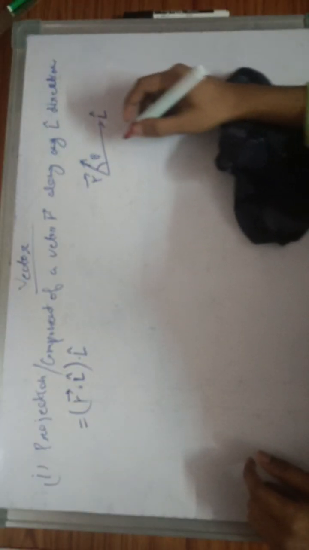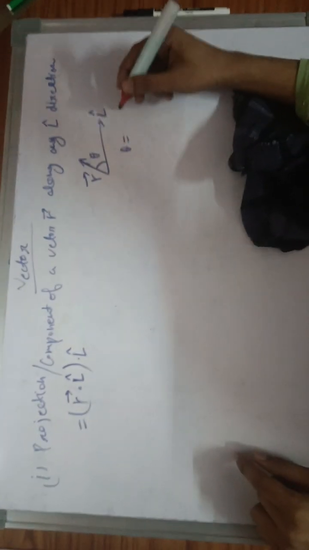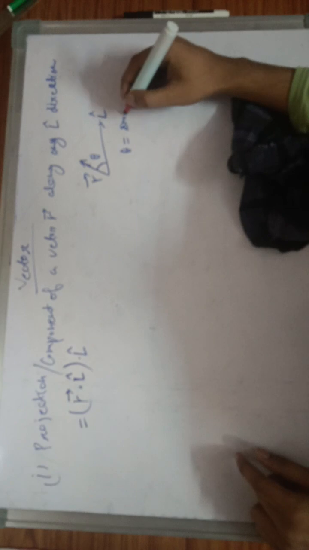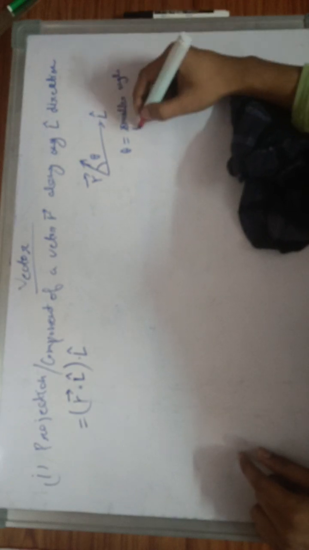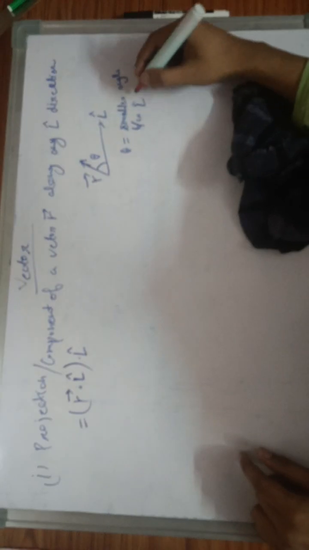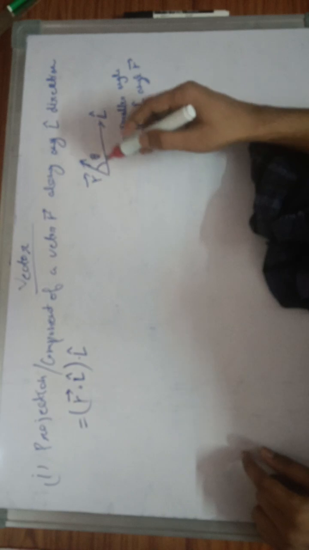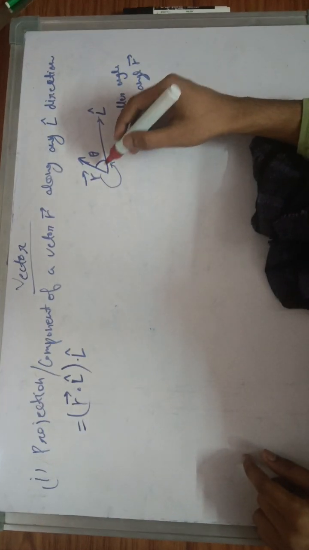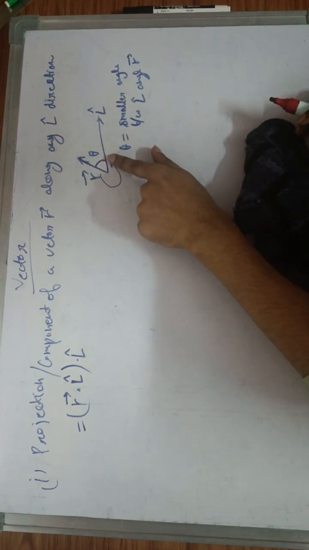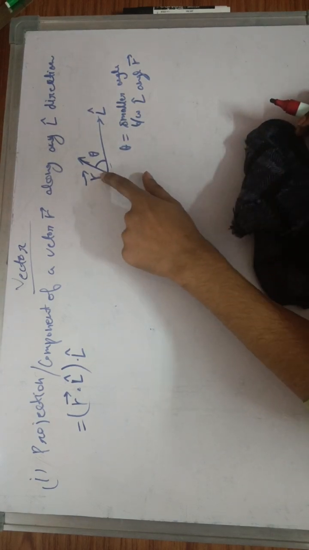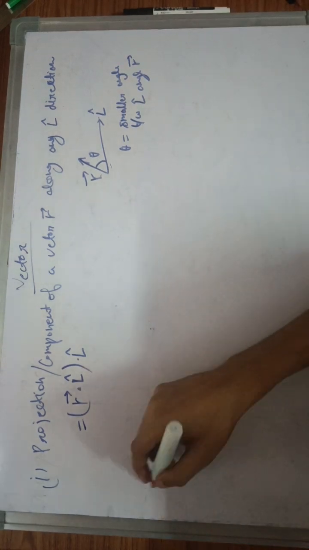This makes theta angle with L cap, and theta is equal to the smaller angle between L and R vector. This is also an angle between these two vectors, but we will choose the smaller angle between R and L. So this is how we will write projection.